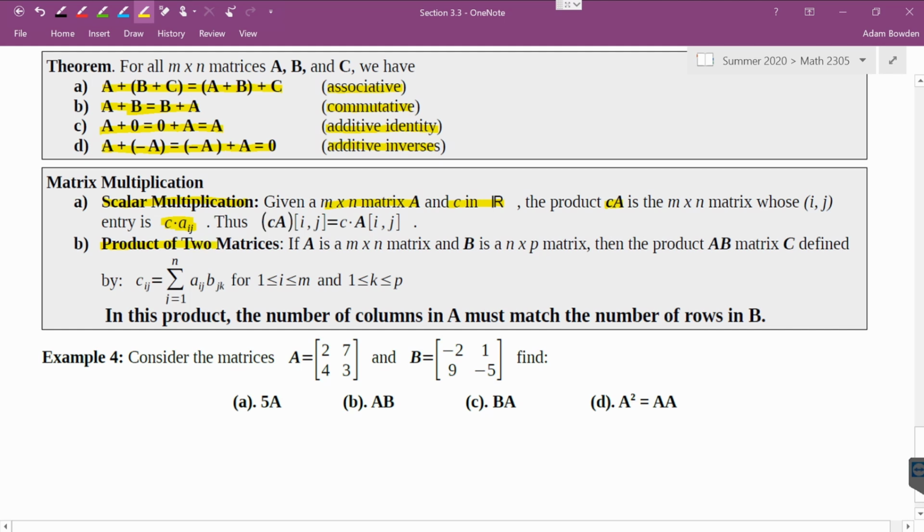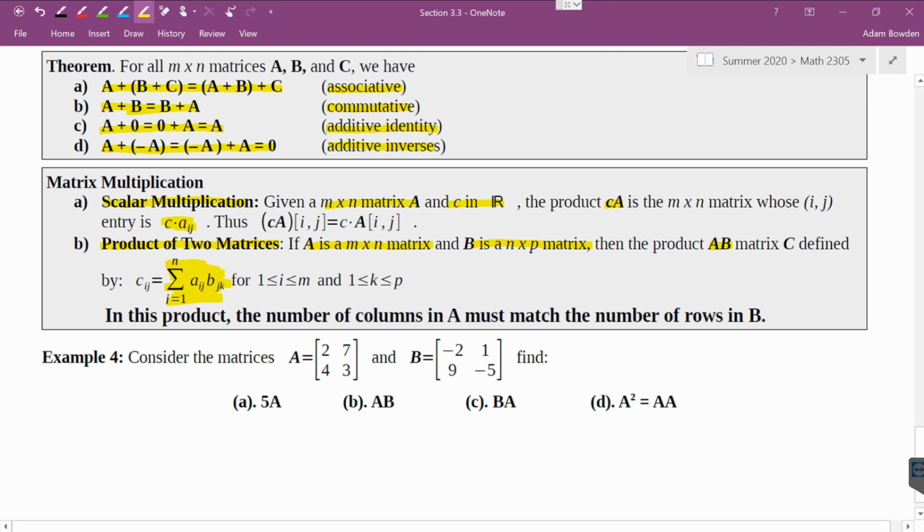The product of two matrices, if we have a matrix that's m by n and another one that's n by p, then the matrix multiplication of the two can be created by doing this summation here, which is a little abstract at the moment. I'll show a concrete example here in a second. But basically, what it's going to mean for us is we're going to take the rows of A and multiply them with the entries in the column of B and add the numbers together.